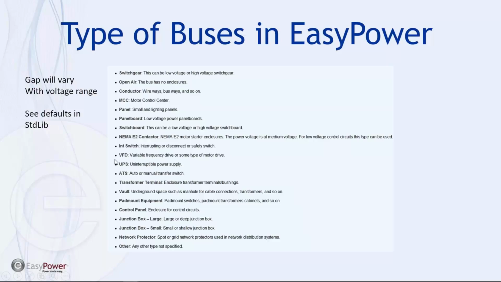So that allows us to use the IEEE 1584 model over the full range of voltage, and then by selecting open air, it will make adjustments that allow us to use that model within the constraints of a three-phase arc flash.